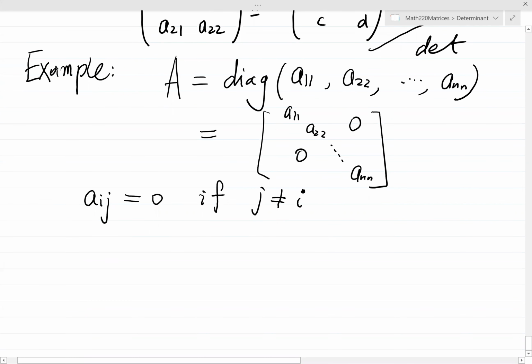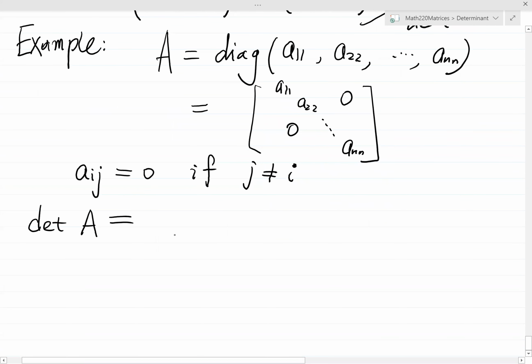Now the general term of the determinant of A, according to the definition, is a sum over permutations sigma. It changes 1, 2, 3 all the way to n into another tuple; sigma just rearranges the order. The term is the sign of sigma times A1 sigma 1, A2 sigma 2, up to An sigma n.